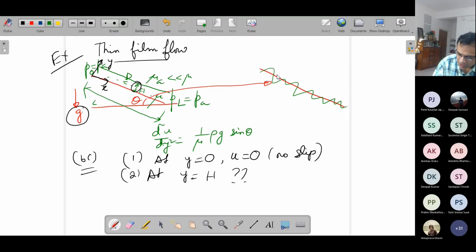So when the interface has a curvature, whatever form of curvature, let us say that the interface is like this locally. So it will have a tangential component and it will have a normal component. So this is the tangential component. This is the normal component.